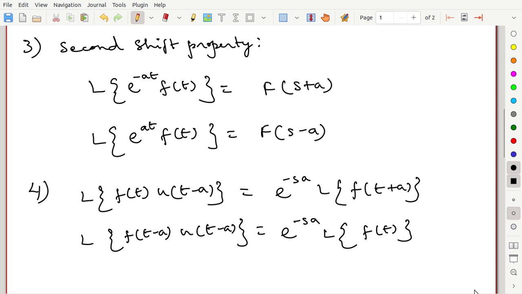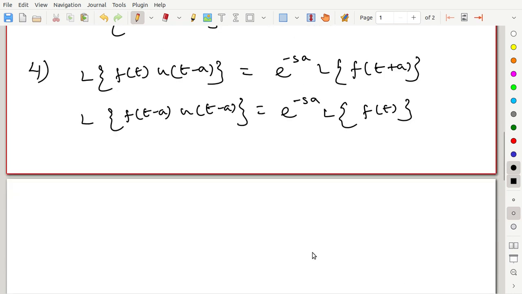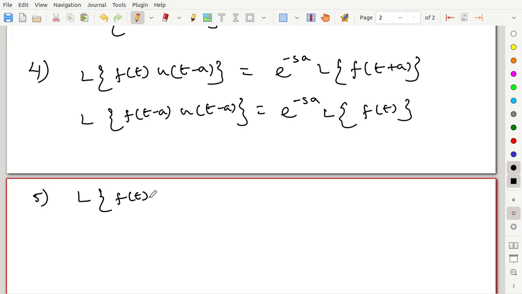And finally we have the Laplace transform of the product of f of t and the Dirac delta function delta of t minus a, and this is equal to f of a, the value of the function at a.